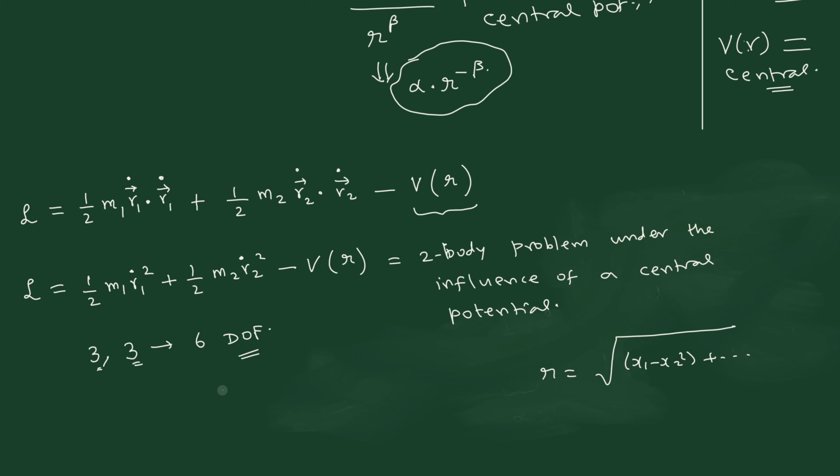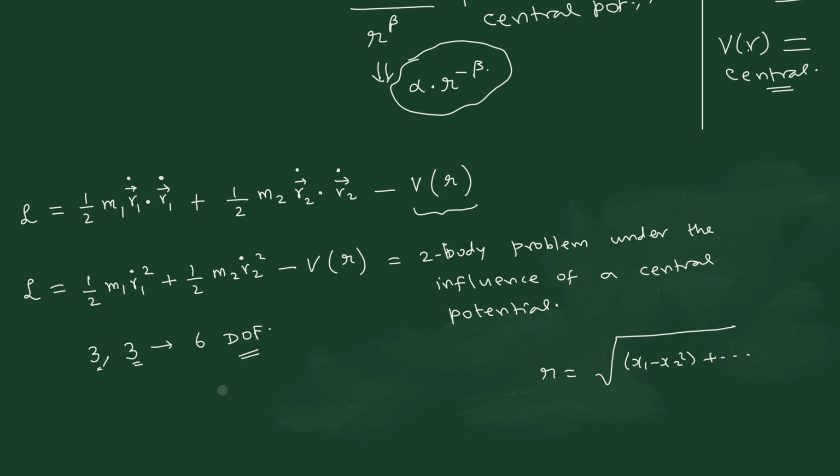Changing the coordinate system means you can either rotate the coordinates or you can move the coordinates. That is called a translation operation. You can translate the coordinates from one place to the other, or you can rotate the coordinates, or you can perform a combination of these, translation plus rotation. These are the options.